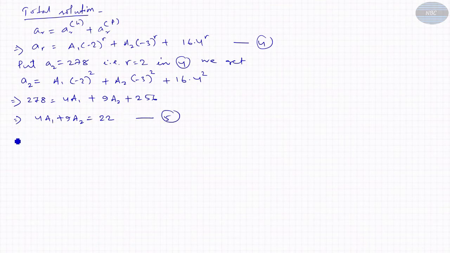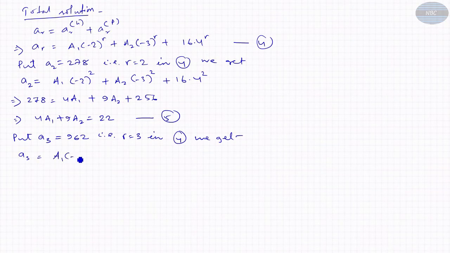Okay, similarly put A3 is equal to 962, that is r is equal to 3 in 4, we get A3 is equal to A1 minus 2 to the power 3 plus A2 minus 3 to the power 3 plus 16 into 4 cube.